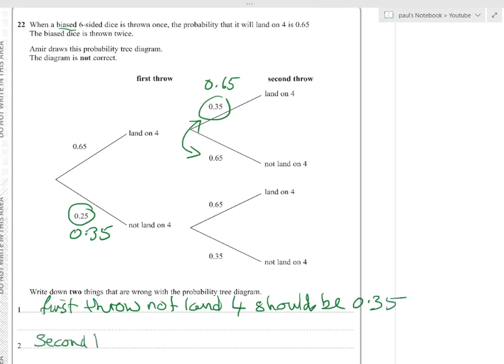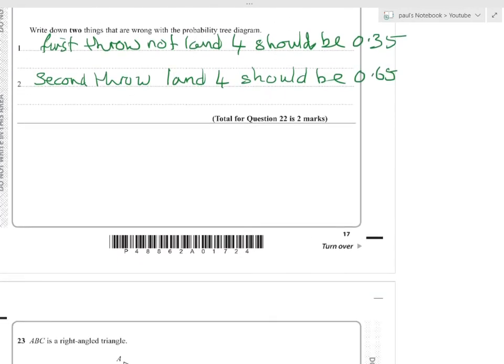Second throw, land on 4 should be 0.65. Oh, who's made all these mistakes? Amir. What? We're here to help you out, Amir. Don't worry.